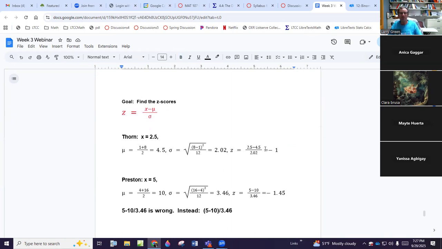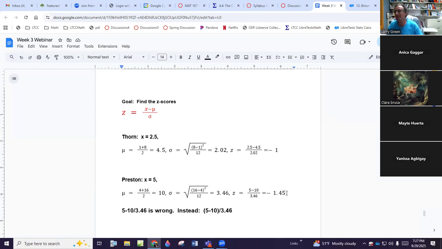Whose usage is more unusually small, now that we have the two z-scores? Yeah, Preston.